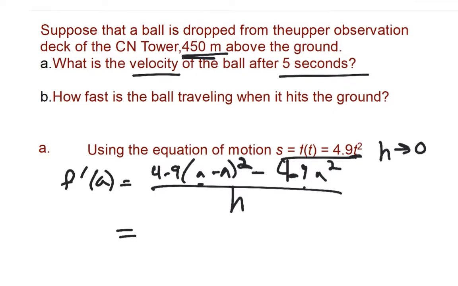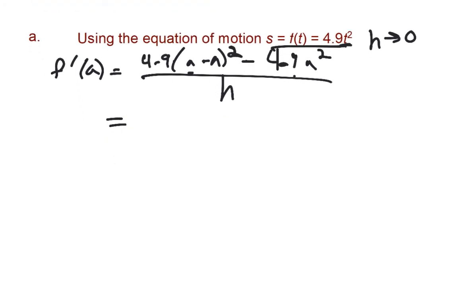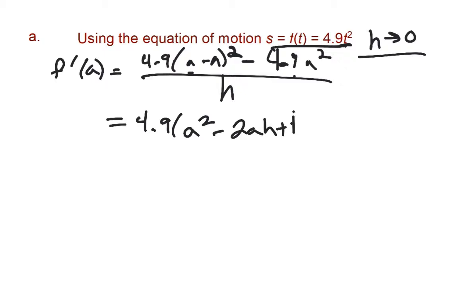We're going to simplify this. And remember, we're going to find it as h goes to 0, but we need to simplify first. So this is 4.9 times a squared plus 2ah plus h squared.